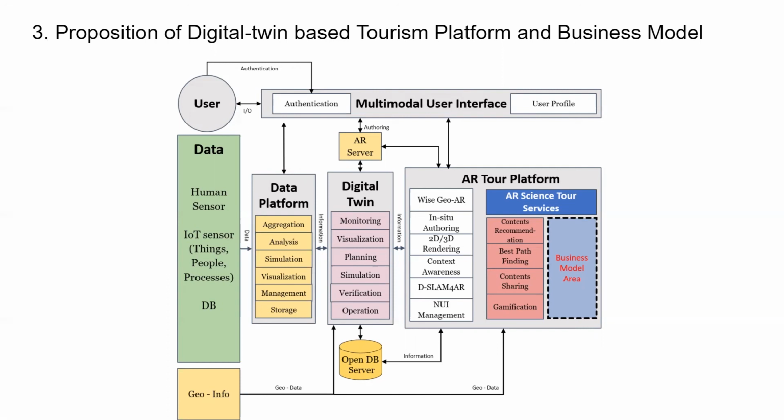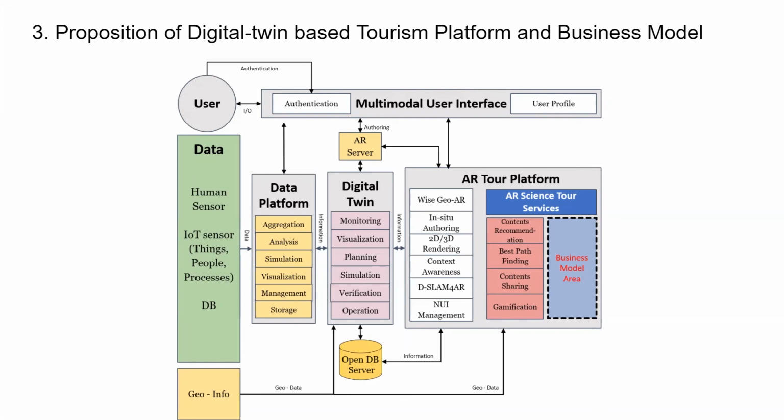Next, the AR tour platform section supports technology to provide precise location-based services and in-situ authoring, 2D and 3D rendering of tourism information, context awareness to provide service that reflects user and environment data, and user interface support.